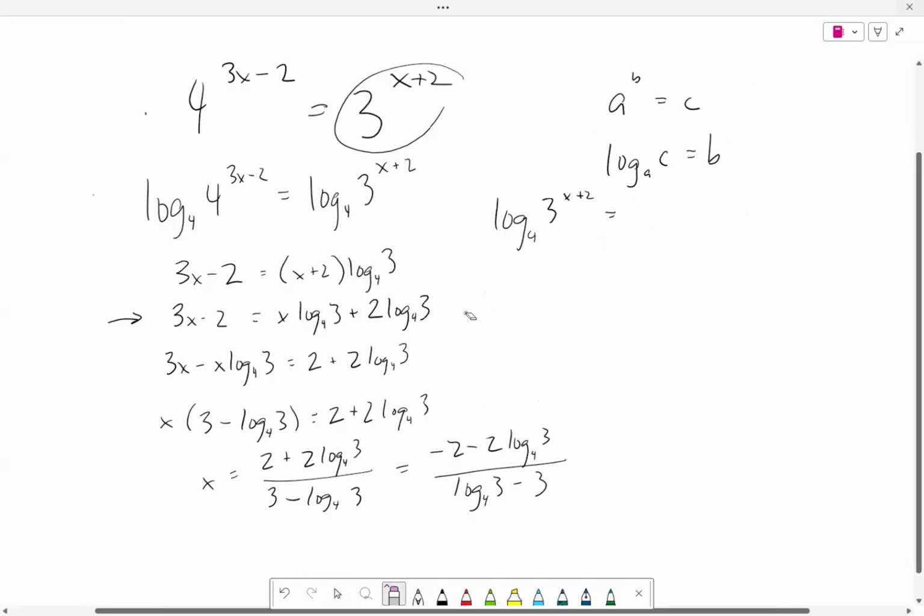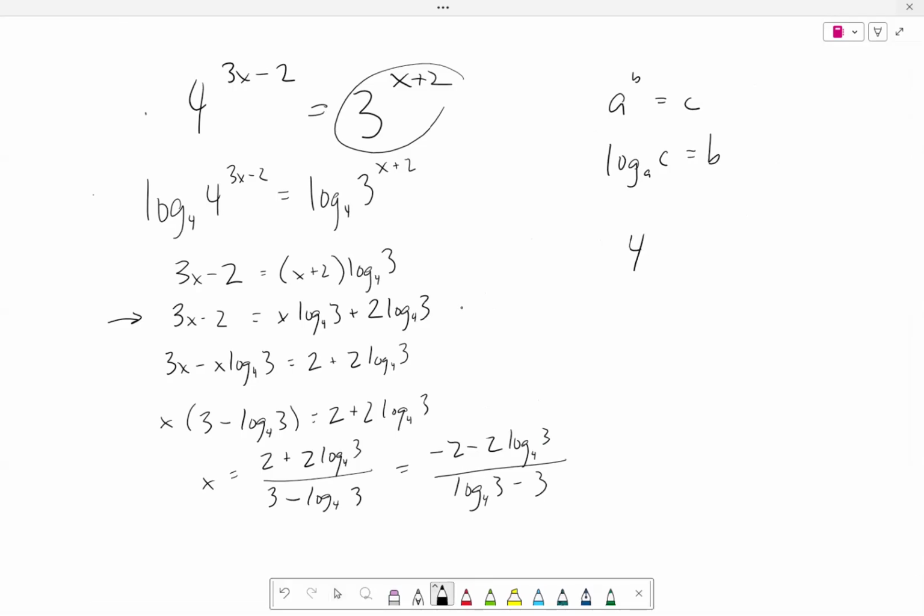Now, Katie, you did an interesting way. I really like what you did, by the way. Yeah, and I like the method that Haley used. You can use log as an operation. So you could take the log of both sides and you could choose whatever base you want.